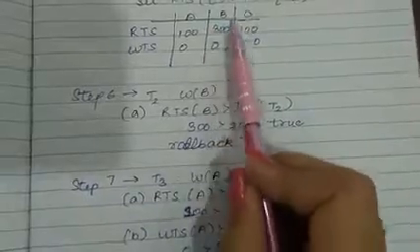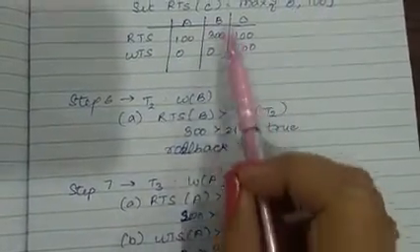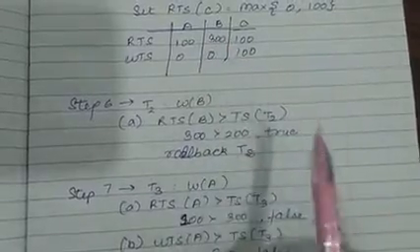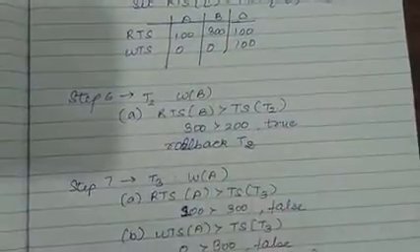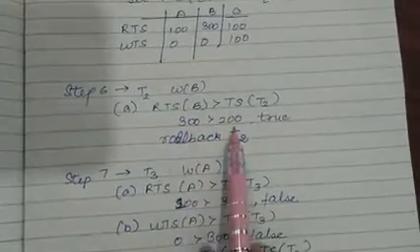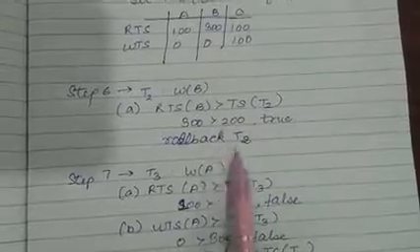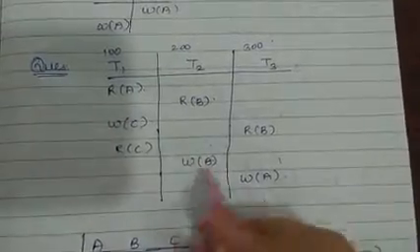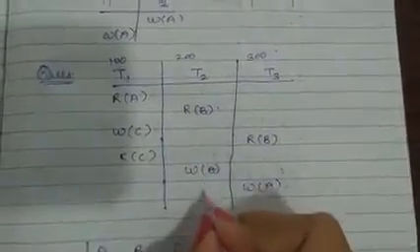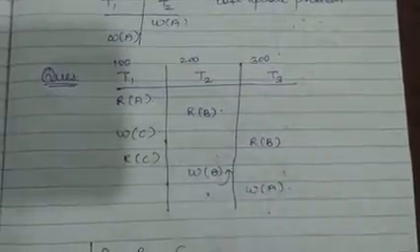RTS B's value was 300. Yes. And TS T2's value was 200, as it was given already. So is 300 greater than 200? Yes, true. Then rollback transaction. That means we are going to roll back our transaction T2. So this transaction will not perform further, and this will be rolled back.